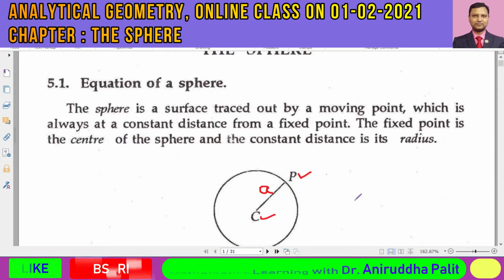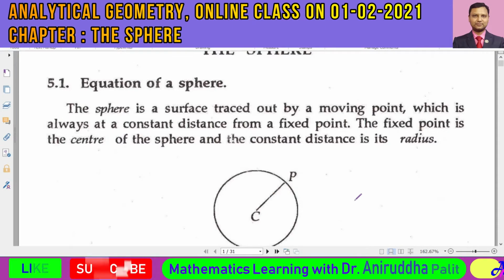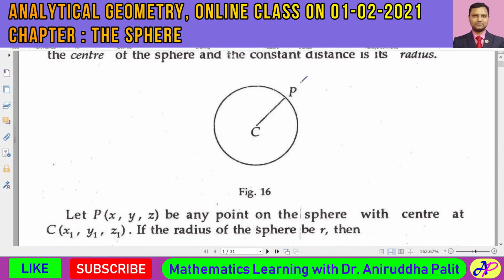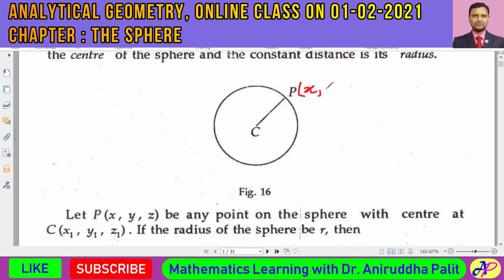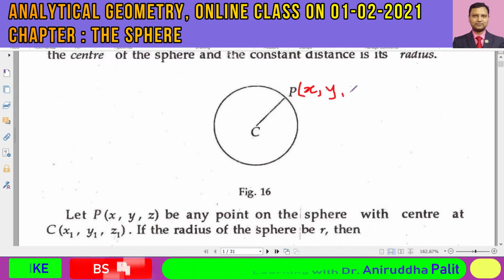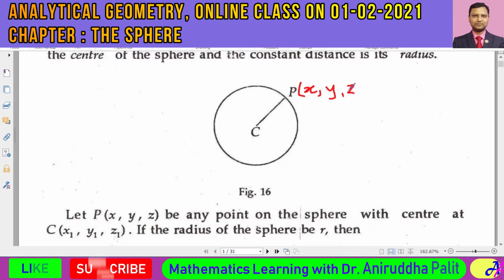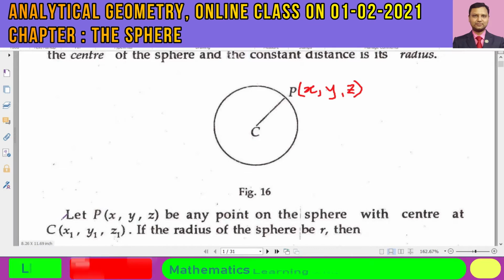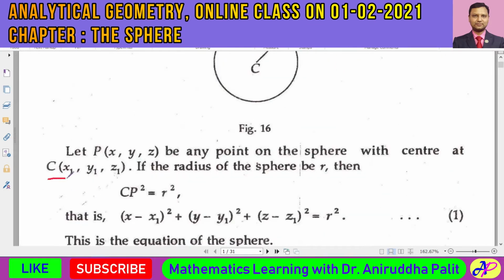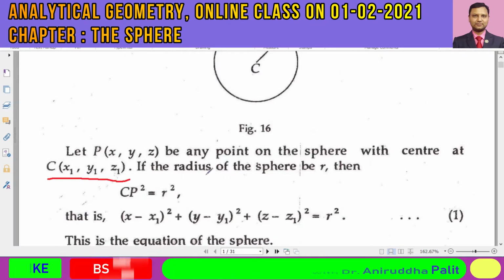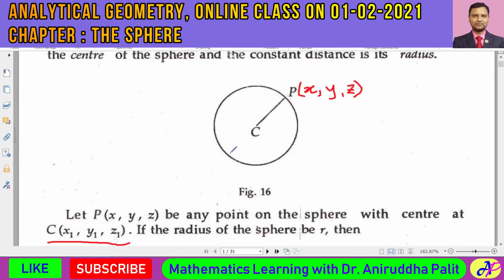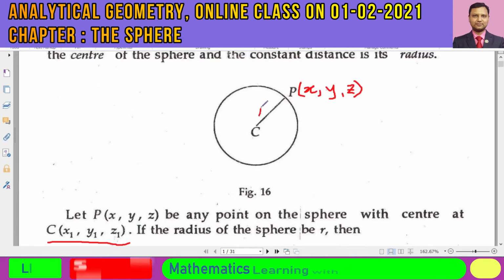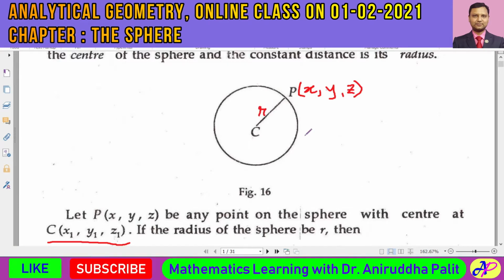Suppose P has coordinates x, y, z, because it's a point in three-dimensional space, therefore it should have three coordinates. Suppose C has coordinates x1, y1, z1, and the radius has been taken over here in place of a as small r.